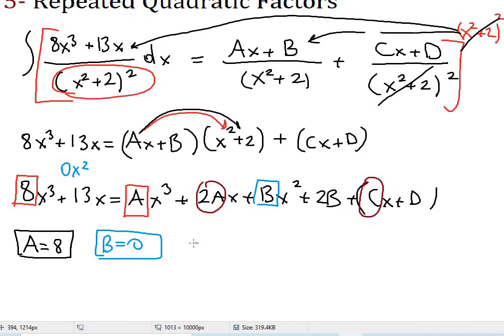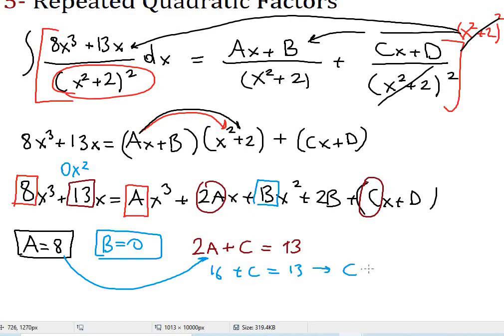So 2a plus c as the x term is equal to the x term here, which is 13. From here we can solve for c because we know the value of a. 2 times 8 is 16. 16 plus c is equal to 13. From here c is equal to negative 3. And d is equal to 0 because this is the constant term. We don't have any constant term here, so d is equal to 0.